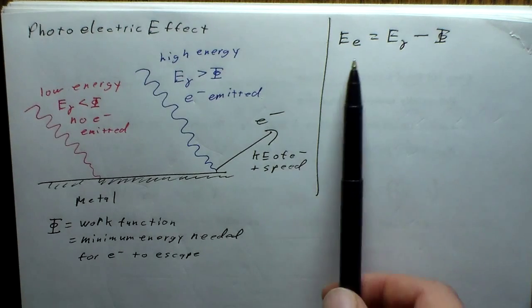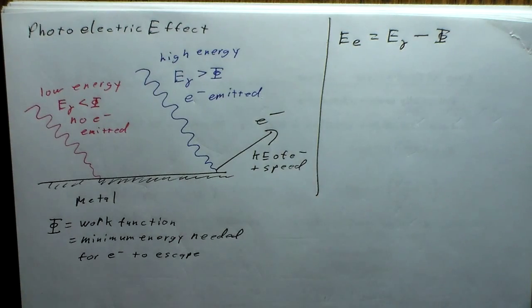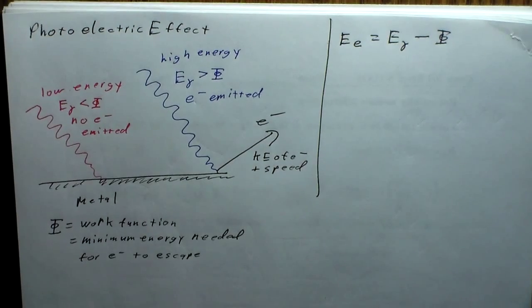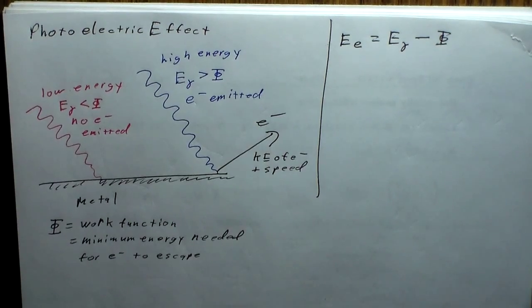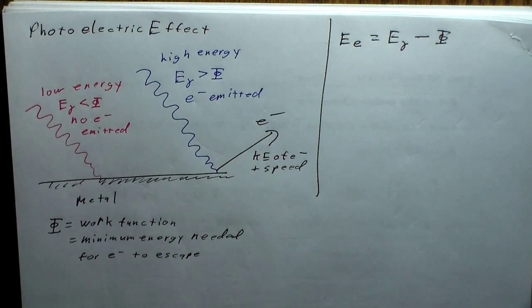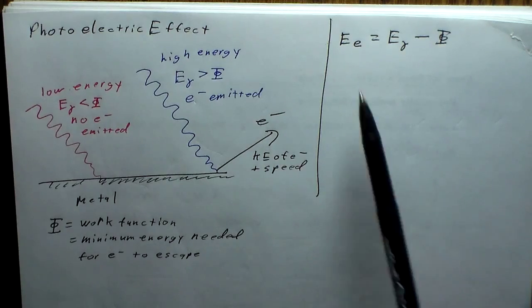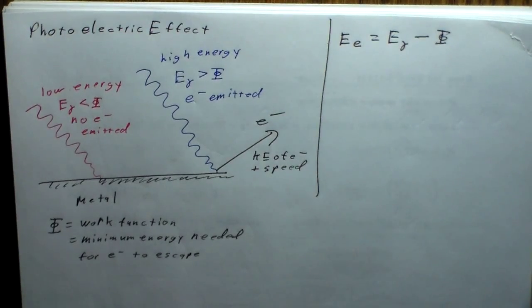Then what's left over is going to be the kinetic energy of my electron. You can think about the work function as being your potential energy. Once the electron is in the metal, it's in a gigantic hole and can't get out. To escape the hole, you need this work function to get enough energy to reach the surface, and whatever energy is left over becomes the kinetic energy of my electron. That's what this equation is saying right here.